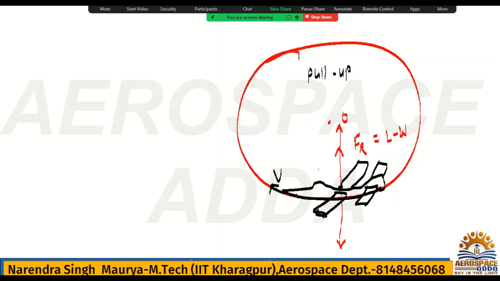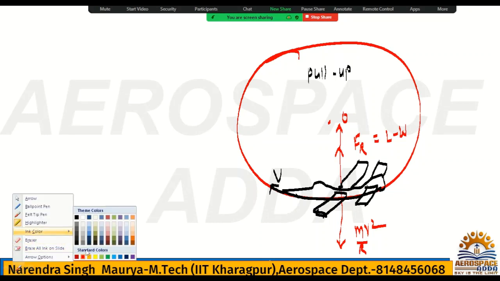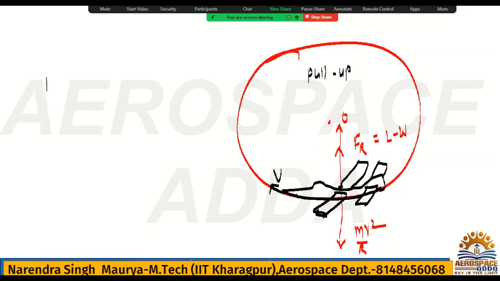And away from the center, what is the force? mv square by R. Finished. You can balance this mathematically. It is nothing but L minus W equals mv square by R, or nW minus W equals mv square by R.